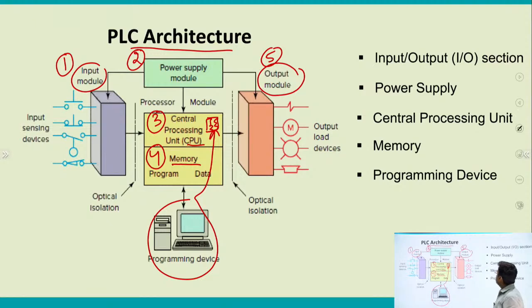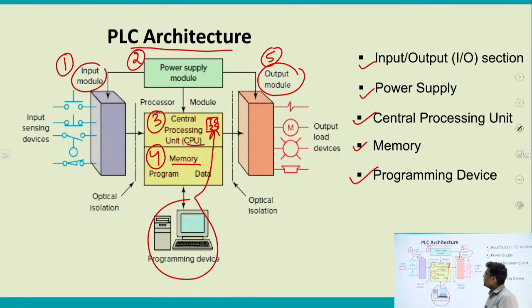These are the basic architecture points: input output selection, what level of voltage we supply through the power supply, what is the function of the central processing unit, what is the function of memory in the PLC architecture, what is the role of programming devices.